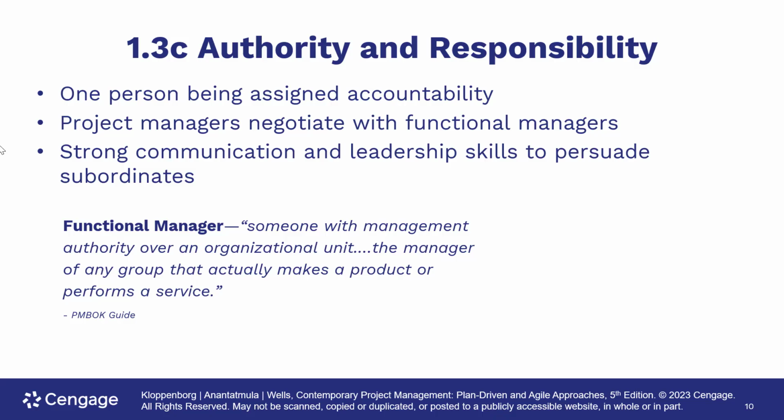Projects are most effectively managed when one person is assigned accountability. Project managers typically negotiate with functional managers. And finally, project managers need to develop strong communication and leadership skills to persuade subordinates to focus on the project when other work beckons.